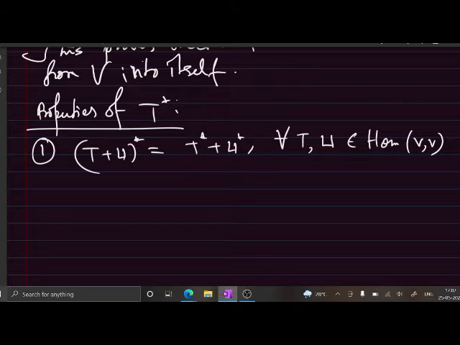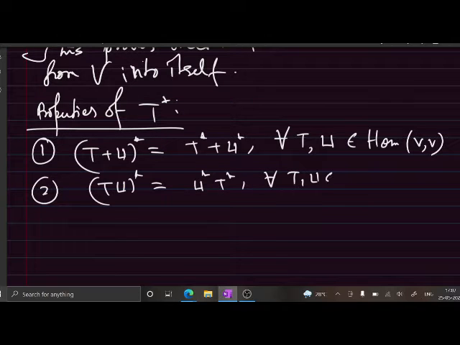Similarly, number two, TU star is U star T star for all T, U belongs to this set.